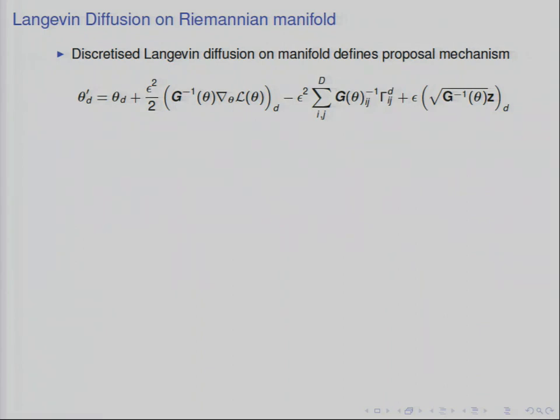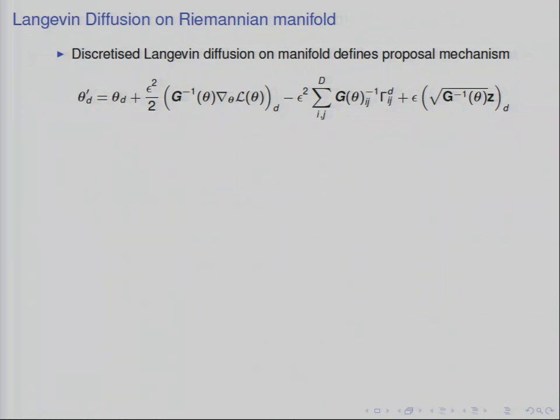And we had a look at a few characteristics of it. We noticed that the gradient now had the proper contravariant form. We also noticed that the components of the connection were appearing here, so clearly if there was any strong curvature across the manifold, then that would be taken into account as we diffuse across the manifold.